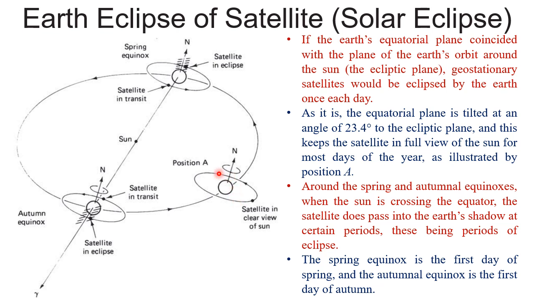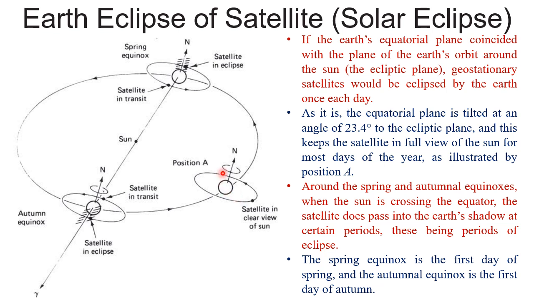So when the satellite is in this condition, position A, because the orbital plane is tilted with respect to the plane in which the Earth is moving around the Sun, under that condition there is no place where the satellite can enter the shadow region of Earth.